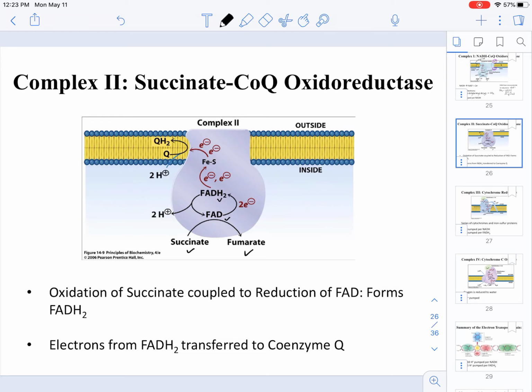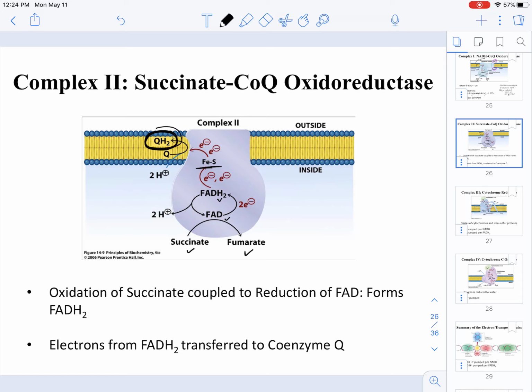So as you can see, FAD got into FADH2 by reduction, but understand that this FADH2 then is going to produce 2 protons into the matrix, but is actually going to release some electrons that are accepted by the non-heme protein. And then we are also going to have ubiquinone be converted to ubiquinol.